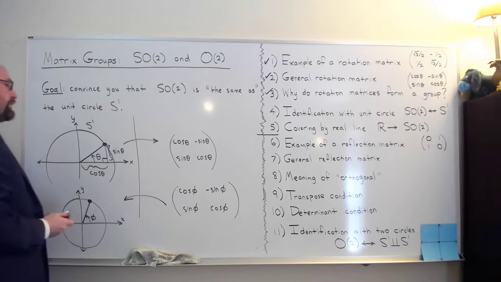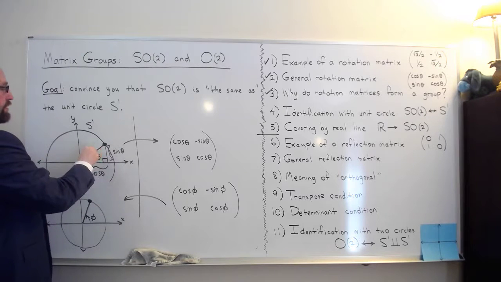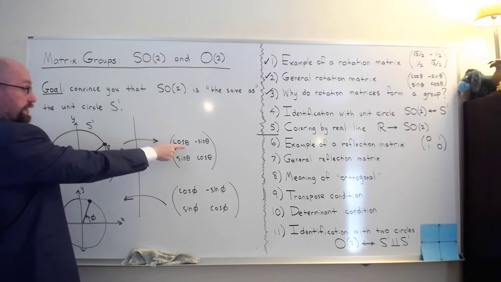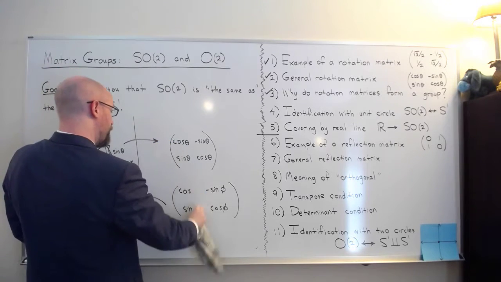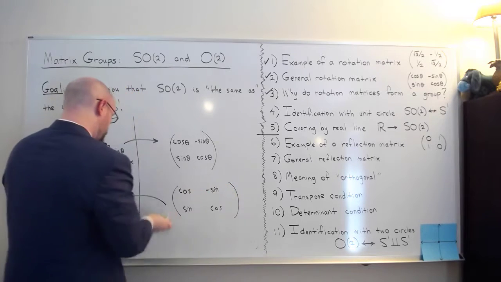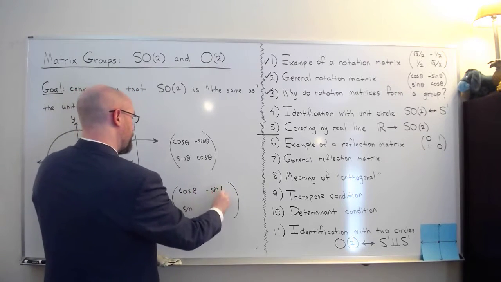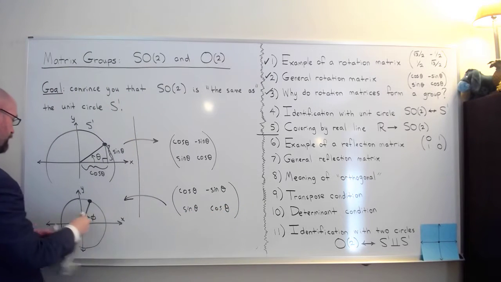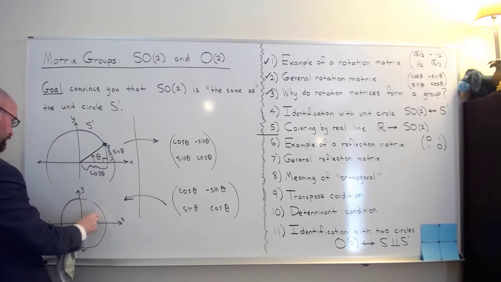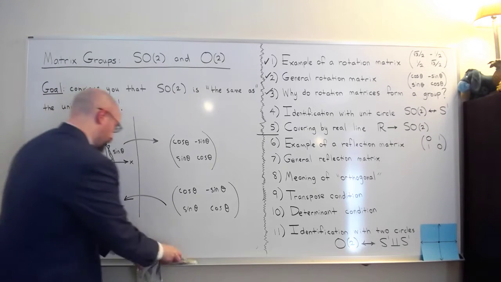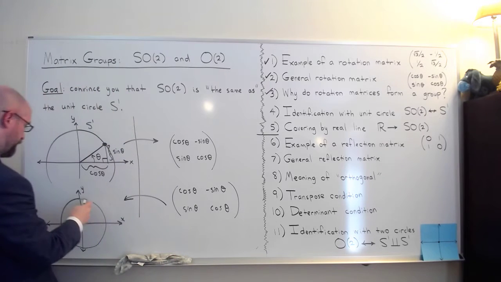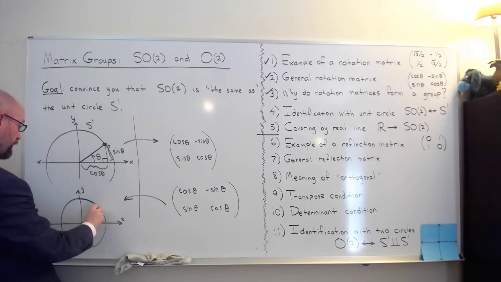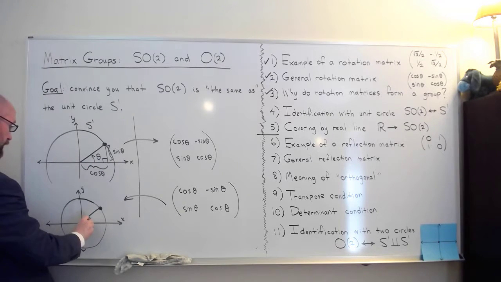Now I think it's pretty obvious that if I start with this point on the circle and I get this rotation matrix, and then I started with this same rotation matrix, let it be that same angle, theta, then I'd be rotating by that same angle, the same one we have here, theta.